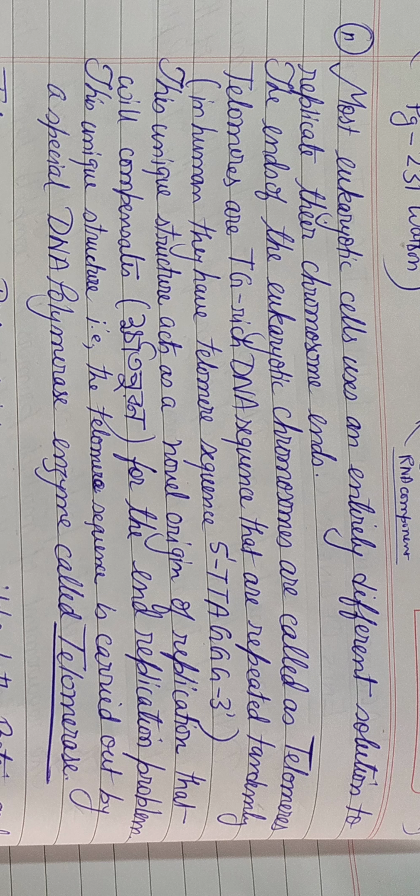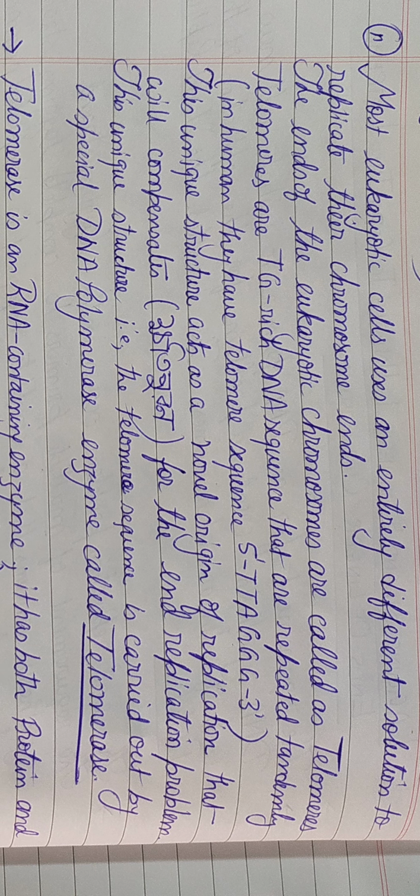It will overcome that mistake by adding this telomere sequence. Based on the telomere sequence, finally the DNA polymerase will be able to synthesize the last nucleotides at the end of your chromosome.